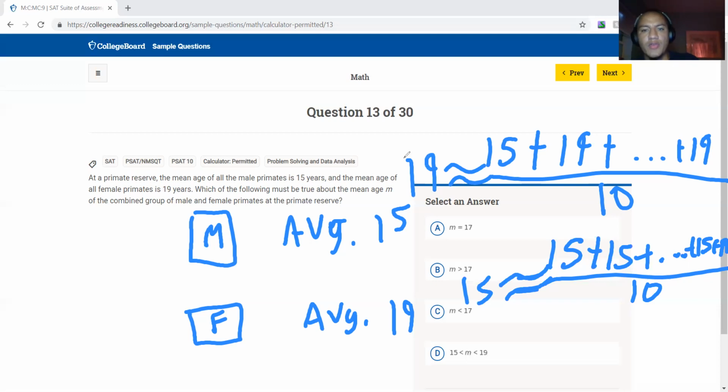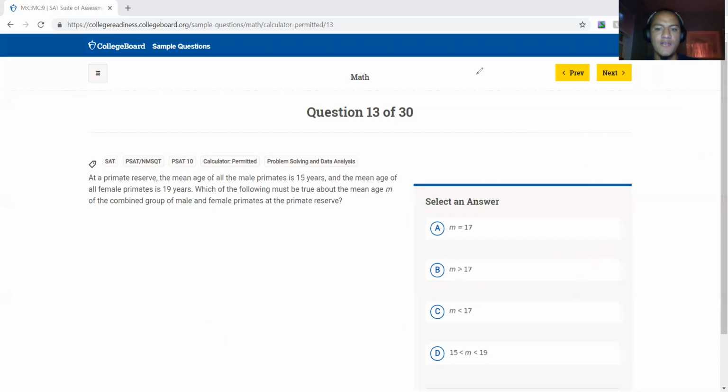But it definitely won't be more than 19, because how can you have an average age of 19.2 if no one has a higher age than 19? It's impossible. So basically, the answer has to be D, and of course it is.